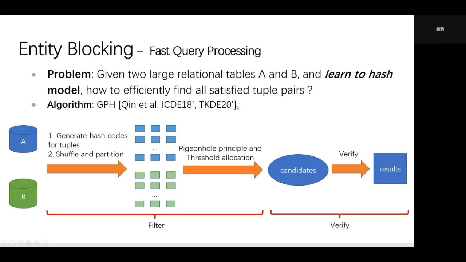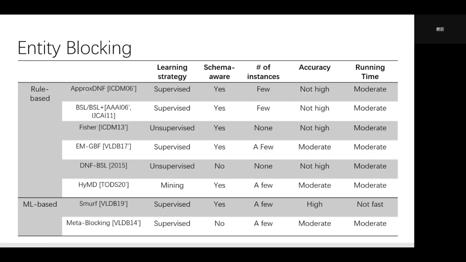In summary, we have discussed rule-based, machine learning-based, and deep learning-based methods. For rule-based and machine learning-based methods, usually they do not need a lot of training instances, but the accuracy is not very high and the running time is moderate.